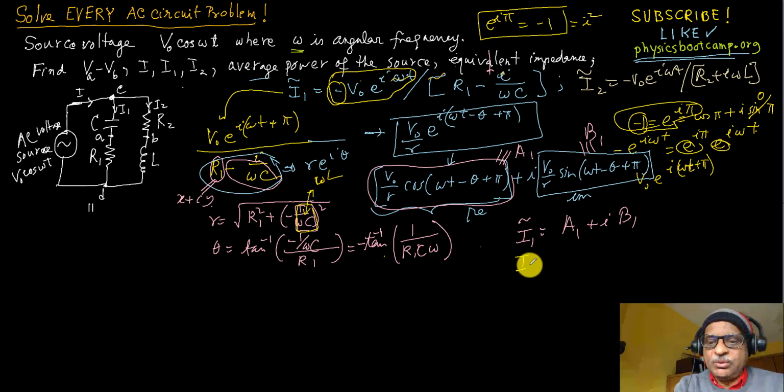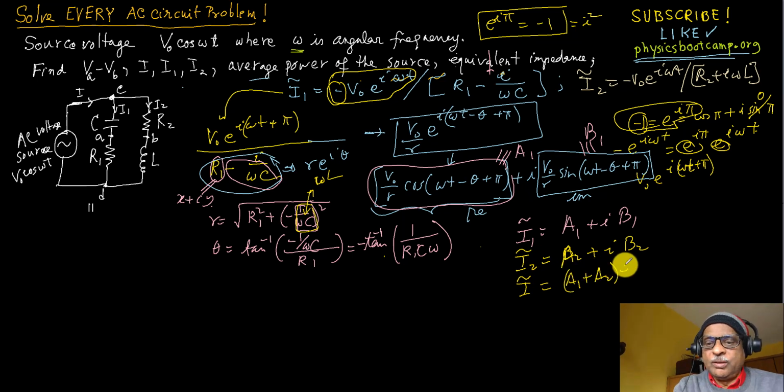So I2 tilde will be A2 plus IB2, and so I tilde will be A1 plus A2 plus IB1 plus B2.